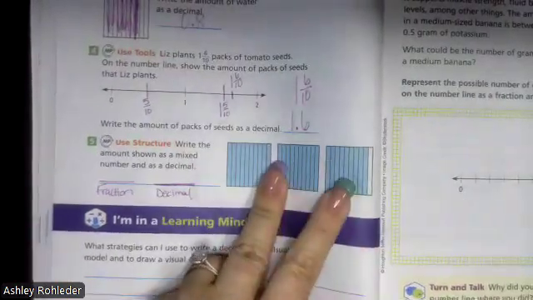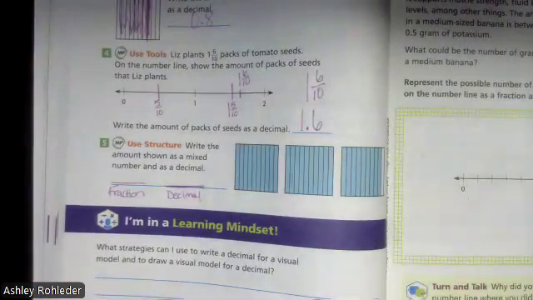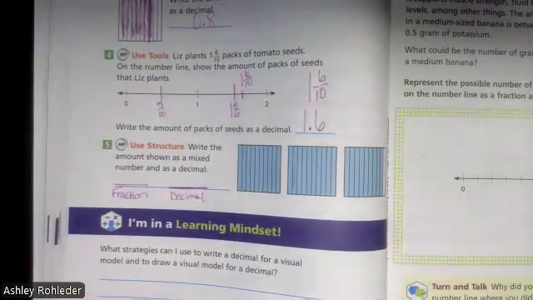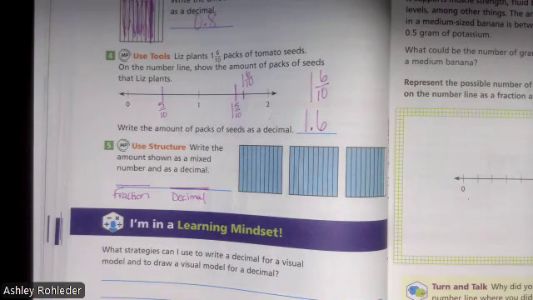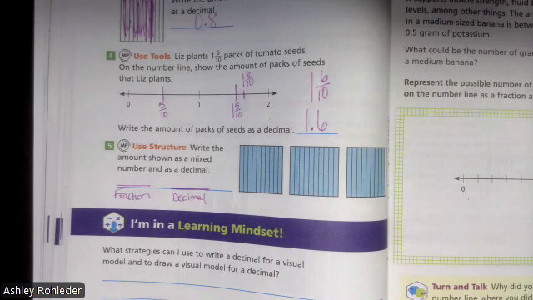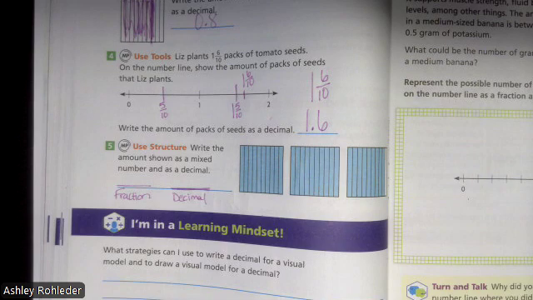Your whole numbers and your part of a whole. I'm checking them. Raise your hand when you have it.